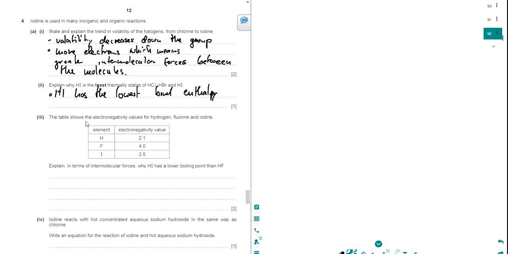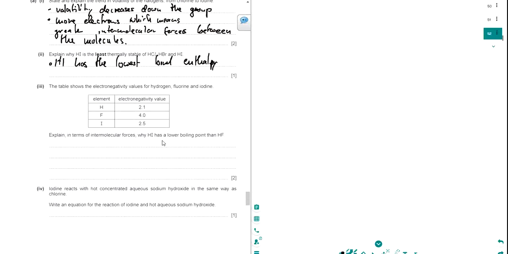The table shows the electronegativity values for hydrogen, fluorine, and iodine. Explain in terms of intermolecular forces why HI has a lower boiling point than HF.